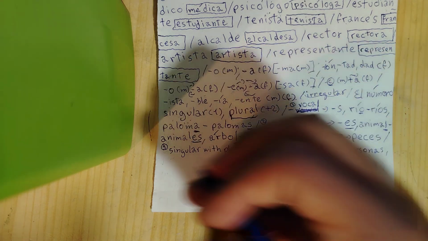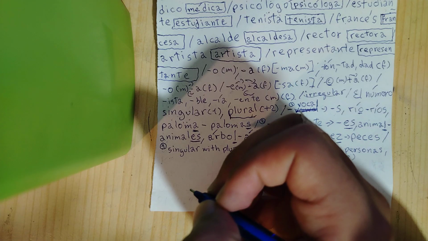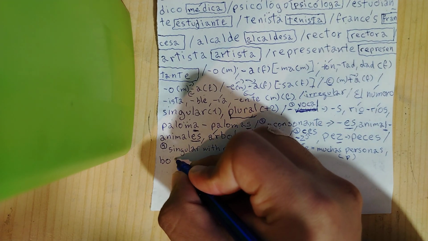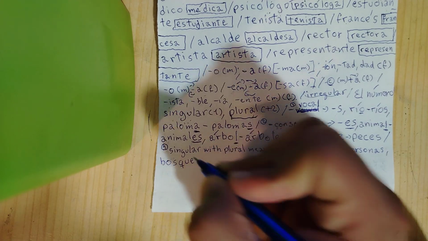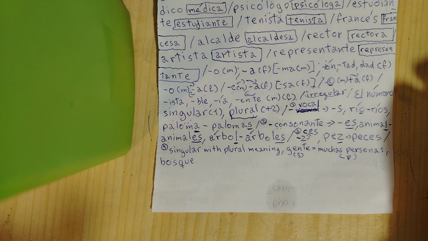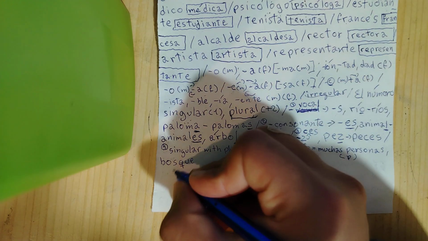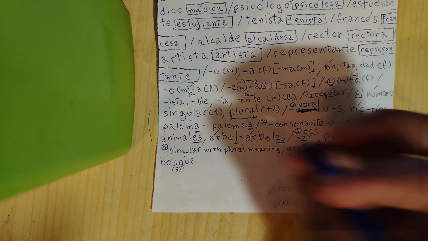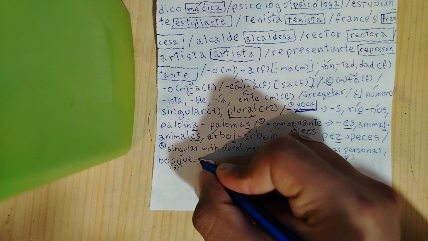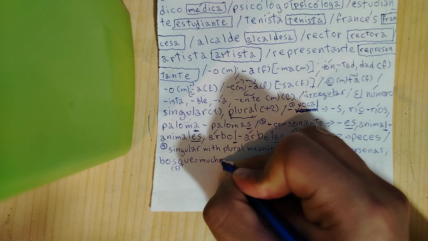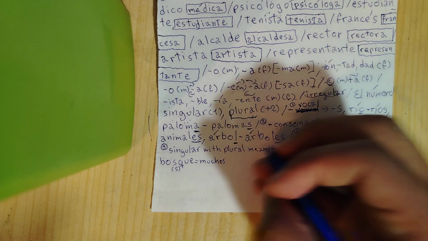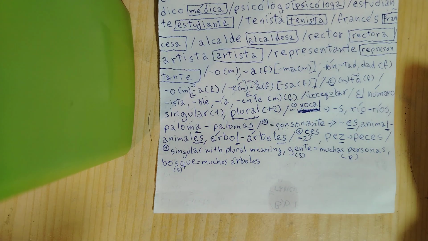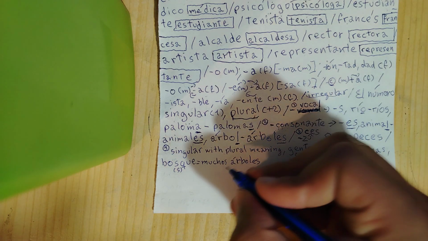Another example, forest. Forest in Spanish is bosque. Bosque. That's forest, right? Singular. But the meaning is muchos, a lot of árboles, trees, right?